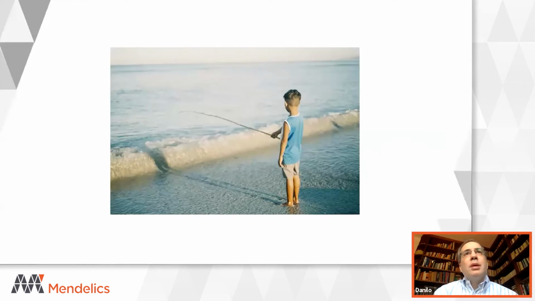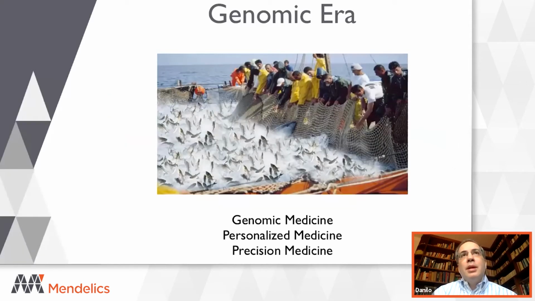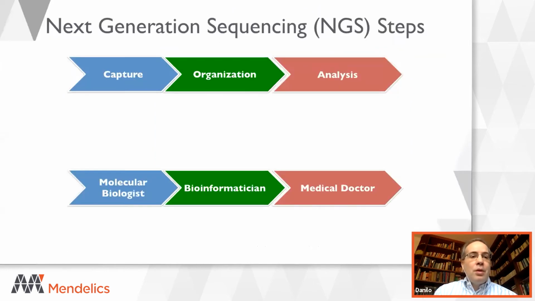We moved from a situation where we had to fish to catch a single fish each time, to a situation where we can get a whole bunch of people together to catch a lot of fishes of different sizes, some very, very big ones. So when we do next generation sequencing, we have some steps, and I will summarize them.